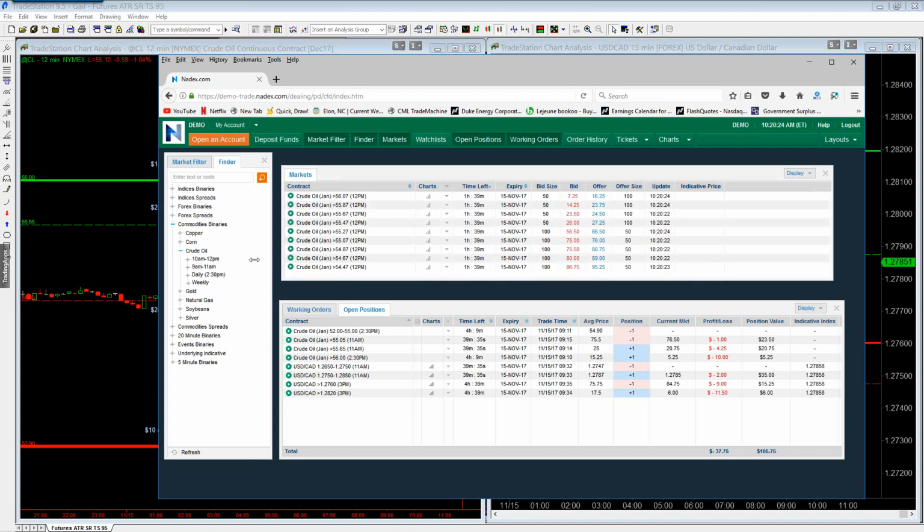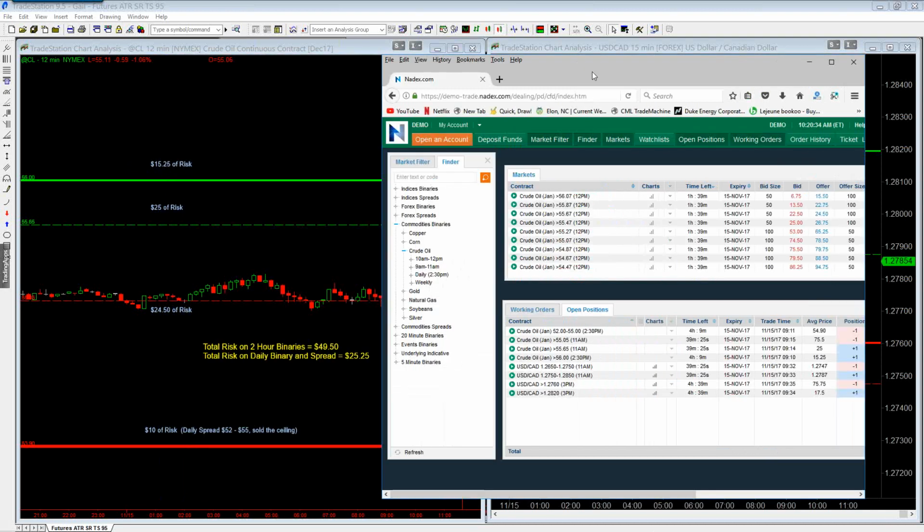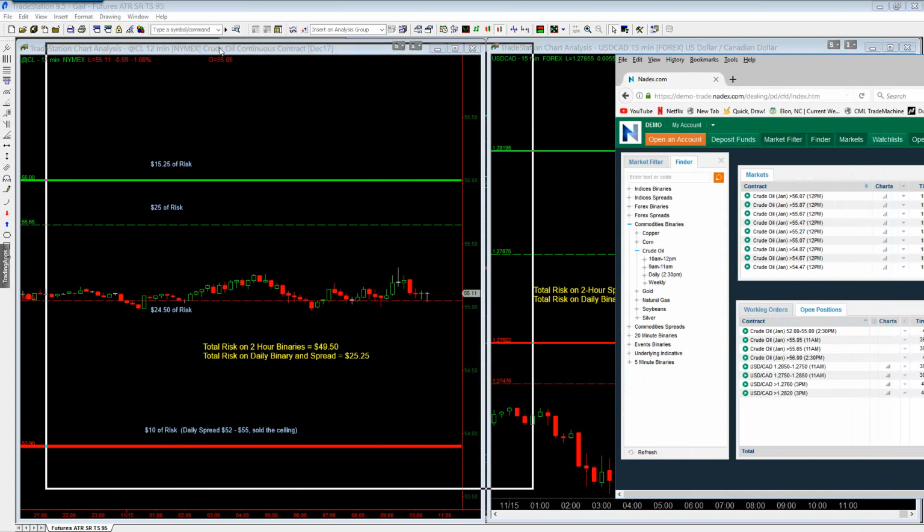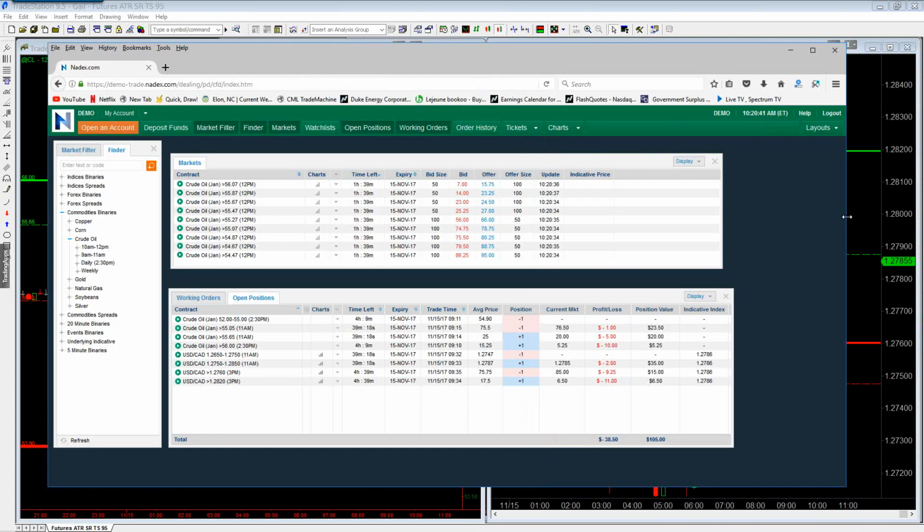And let's say that the bias is to the upside, okay? Where is price currently trading? Okay, price is currently trading on crude at 55.12. Okay, now I like out of the money binaries because you have a lower risk, but you don't have to use an out of the money. This would be considered 55.27. Okay, that's considered in the money because your risk is $66.